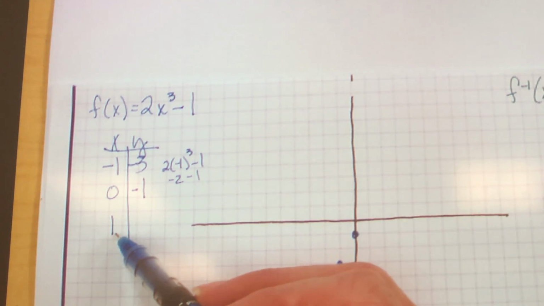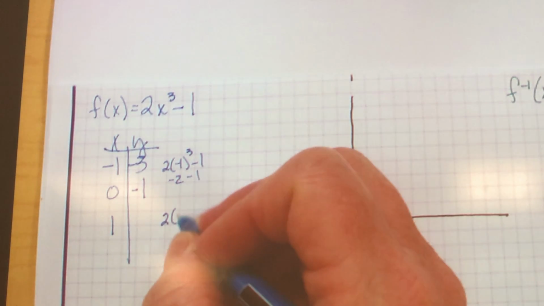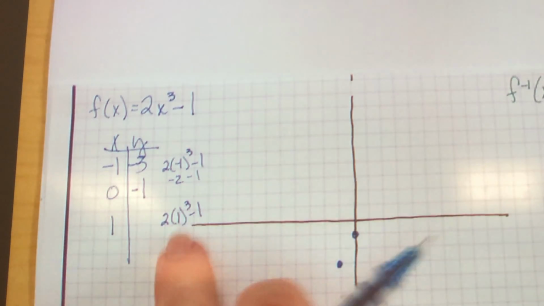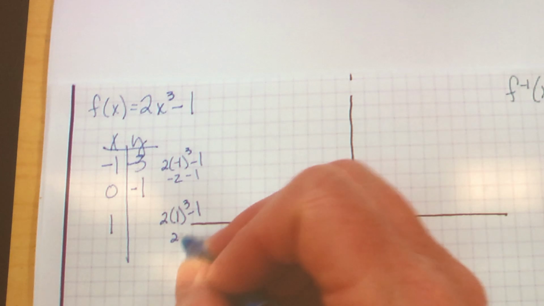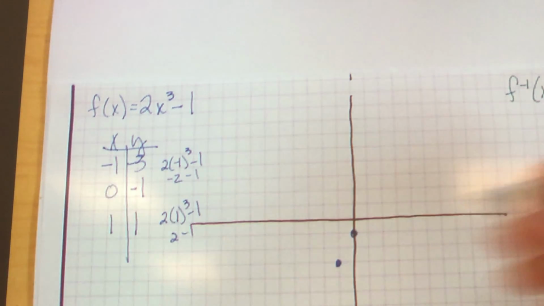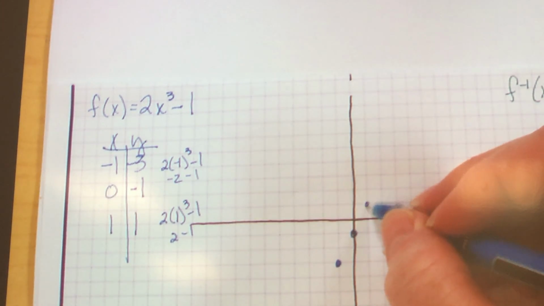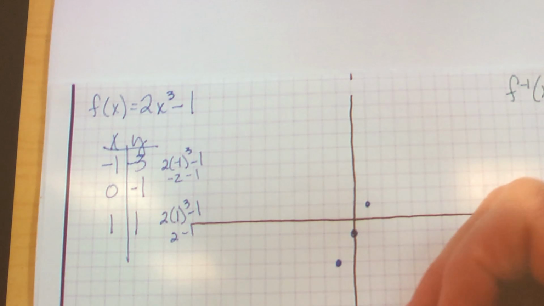So let's look at this guy. He's going to be 2 times 1 to the third minus 1. What's 1 to the third? 1. And 1 times 2 is 2, and 2 minus 1 is 1, so at 1, he's 1. All right, so this is what he looks like.